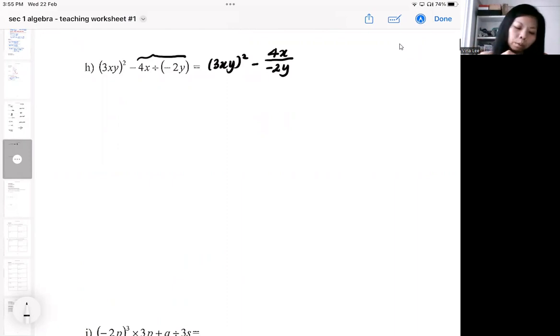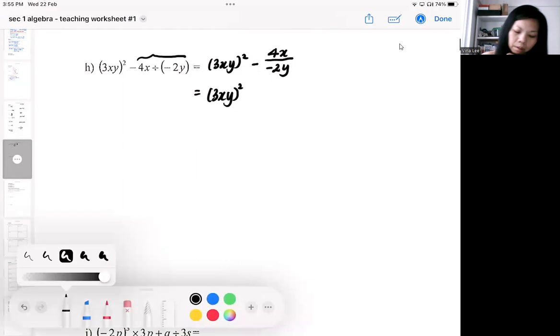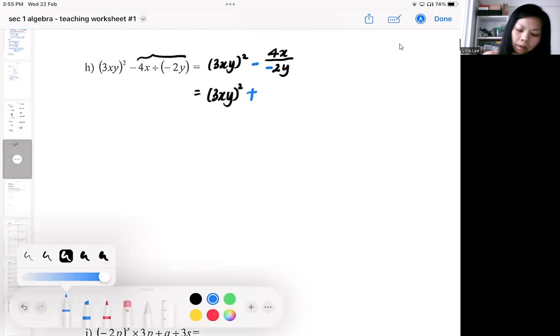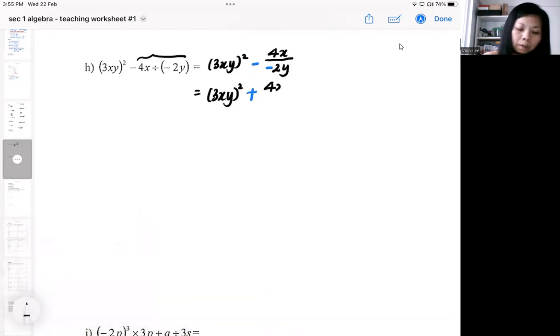And you'll find that you encounter the negative. So do you realize there's a double negative? With the same rules that you apply in chapter 2, that will become a plus.